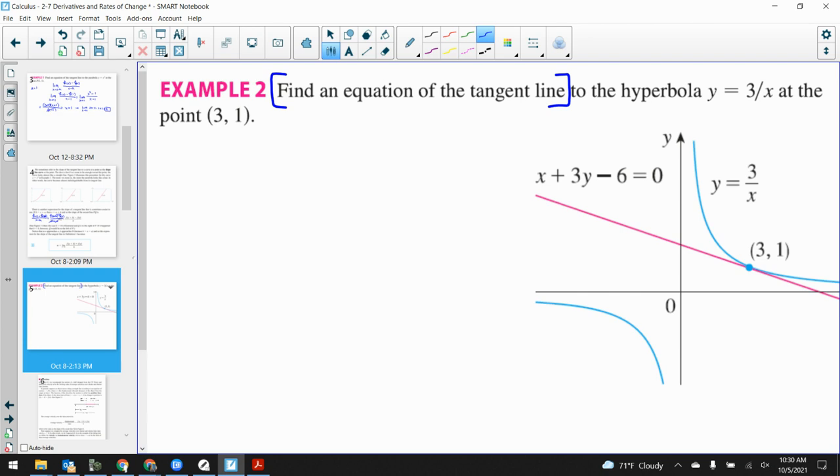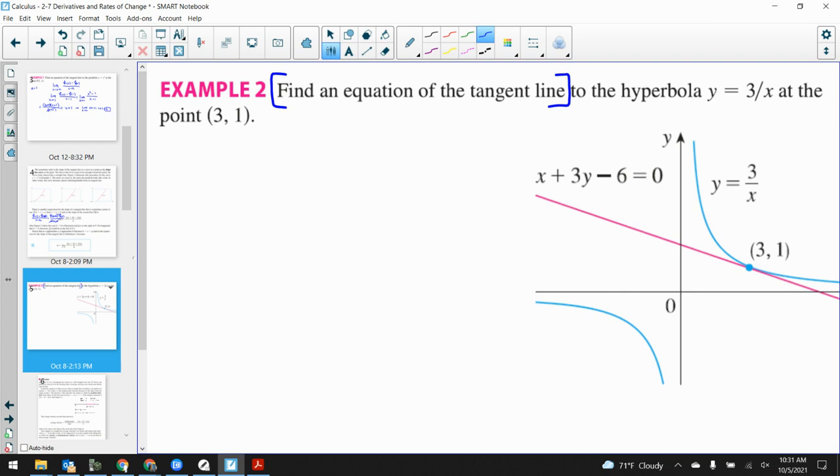Now, to find an equation of a line, what do you need? You need a point, and you need a slope. You need a location, and you need a slope at that location. To find any equation of a straight line, you need a point and a slope at that point.